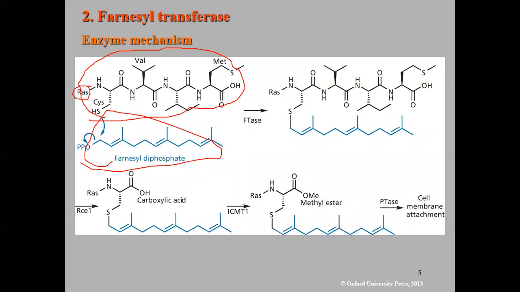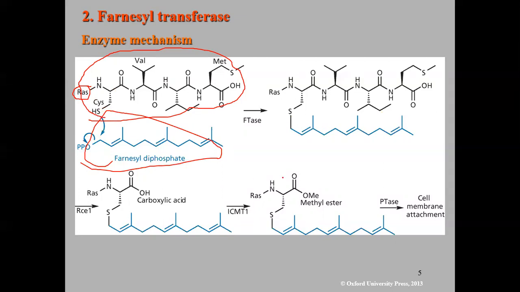The remaining part of the RAS protein is not shown in the figure. The terminal tetrapeptide has a cysteine, so the thiol group will interact with the farnesyl diphosphate, which leads to kicking out the pyrophosphate group and attaching this farnesyl group to the enzyme.